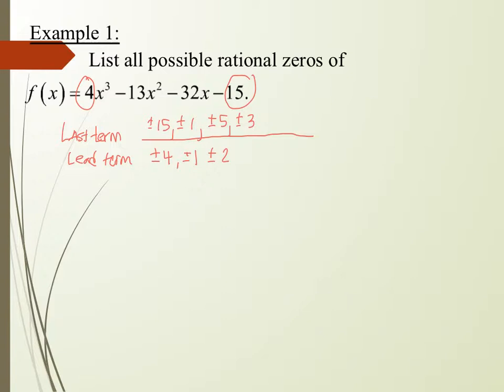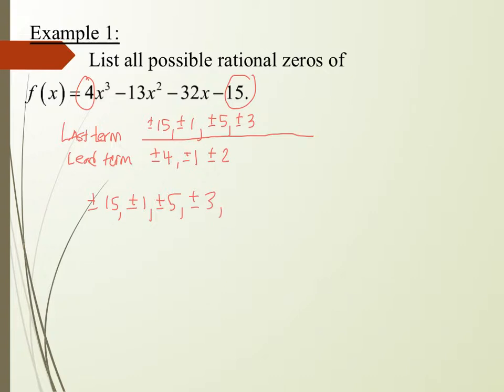Now, I could list all the potential factors of this particular polynomial. The potential factors are plus or minus 15, plus or minus 1, plus or minus 5, plus or minus 3.